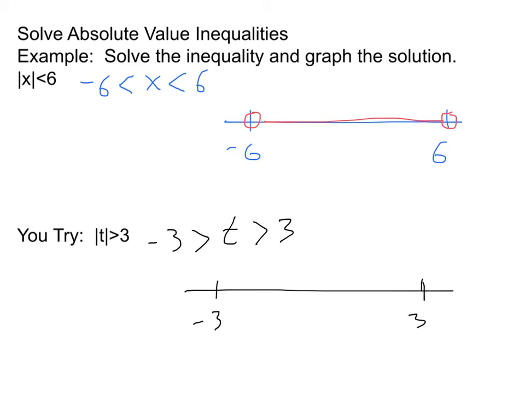We'd have our open circle and we shade it to the left because it says negative 3 is greater than t, or another way to say that is t is less than negative 3. And over here, t is greater than 3 would be this direction. So there's another solution for you.